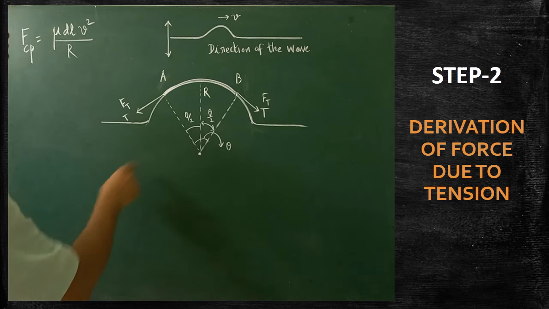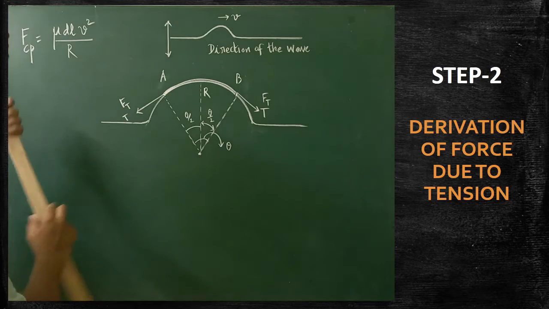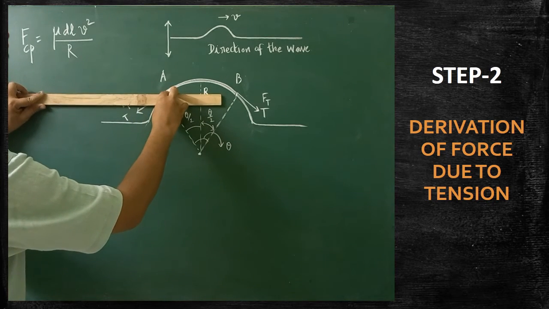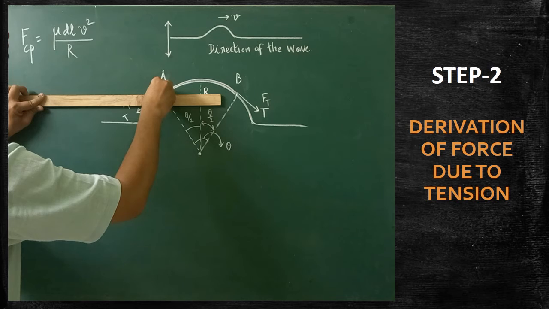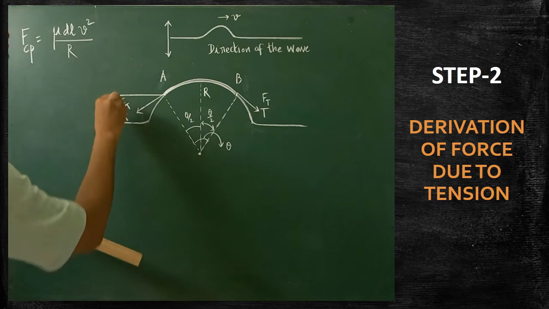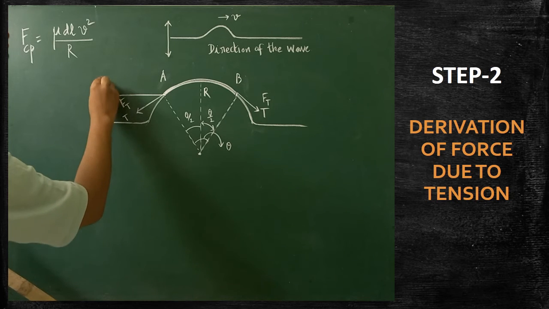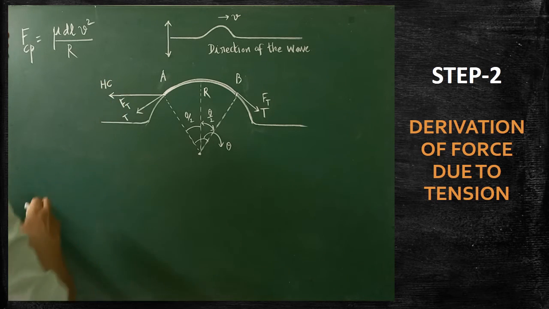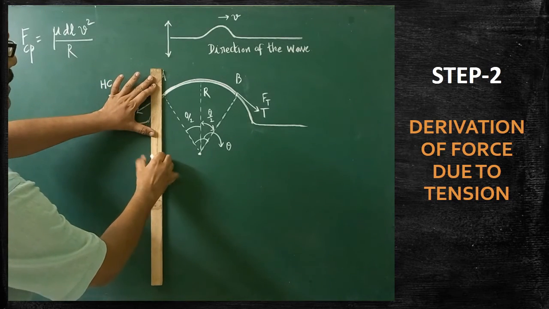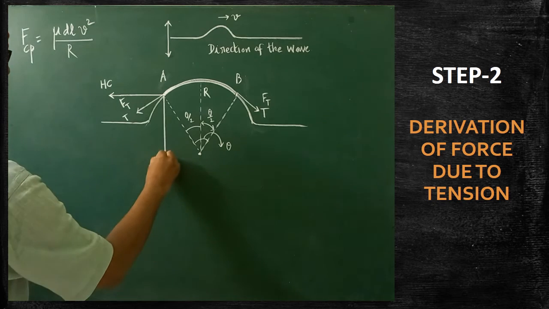So the force due to tension can be resolved into two components. Look at that. Here, I could draw one line. This is the horizontal component of the tension. Now I could draw the vertical component of the force due to tension.